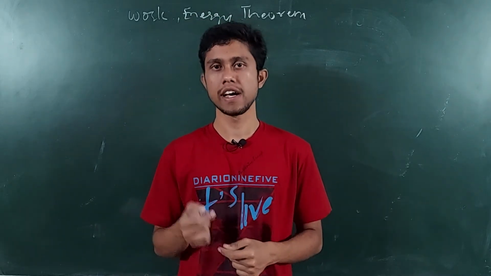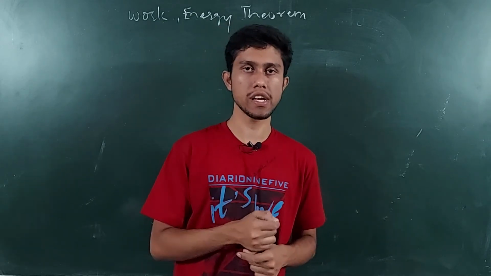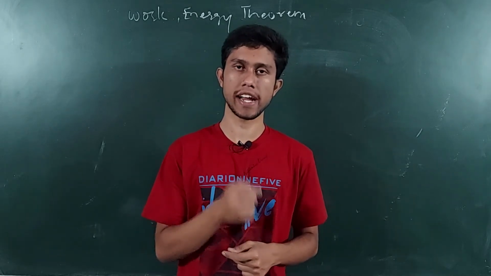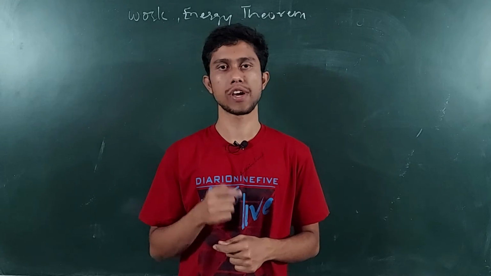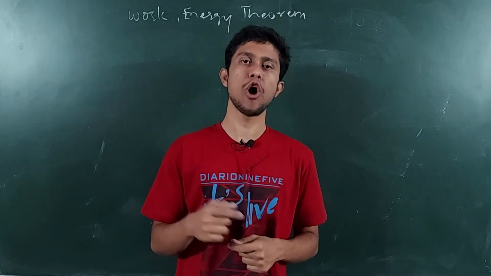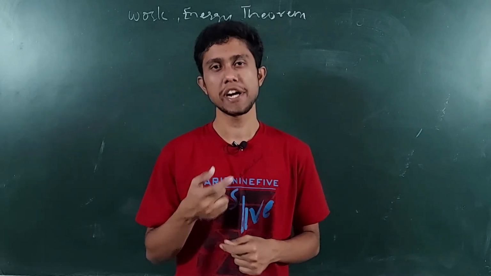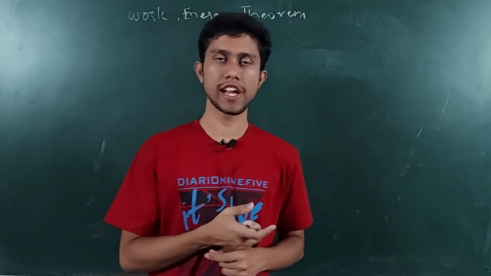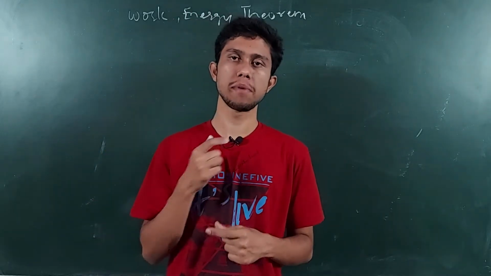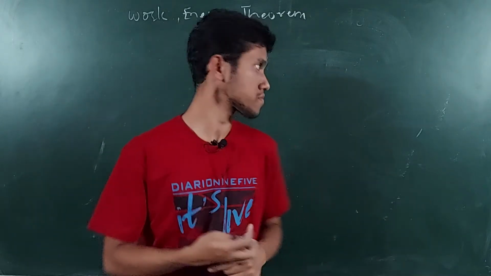So I can say vice versa, that whatever change in kinetic energy will be there in the body, it will be equal to the work done by all the forces which are acting on the body in its journey. So this is the definition of the work energy theorem, and it encompasses all the works, be it by conservative force, non-conservative force, external force, or any internal force. Each and every force will be encompassed in this theorem, and this makes it more special.